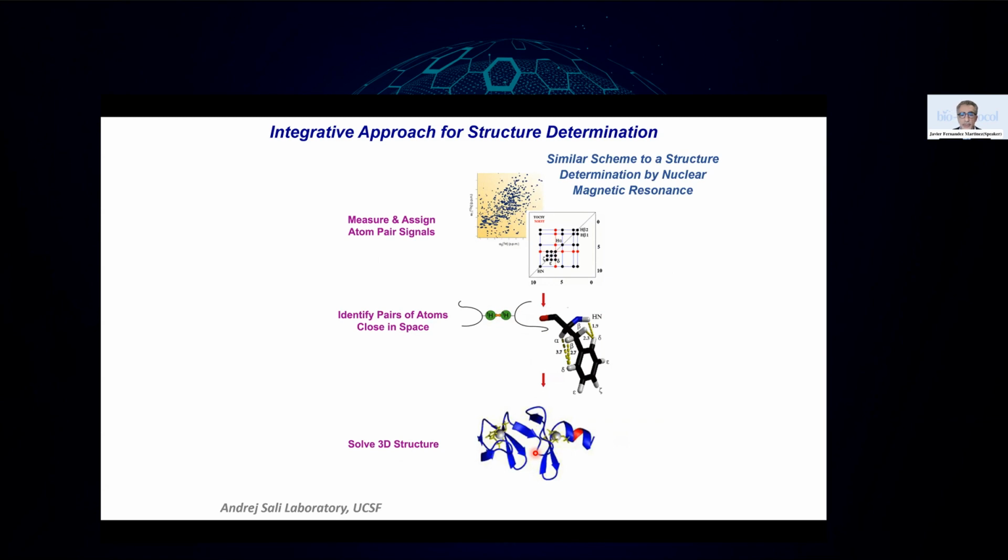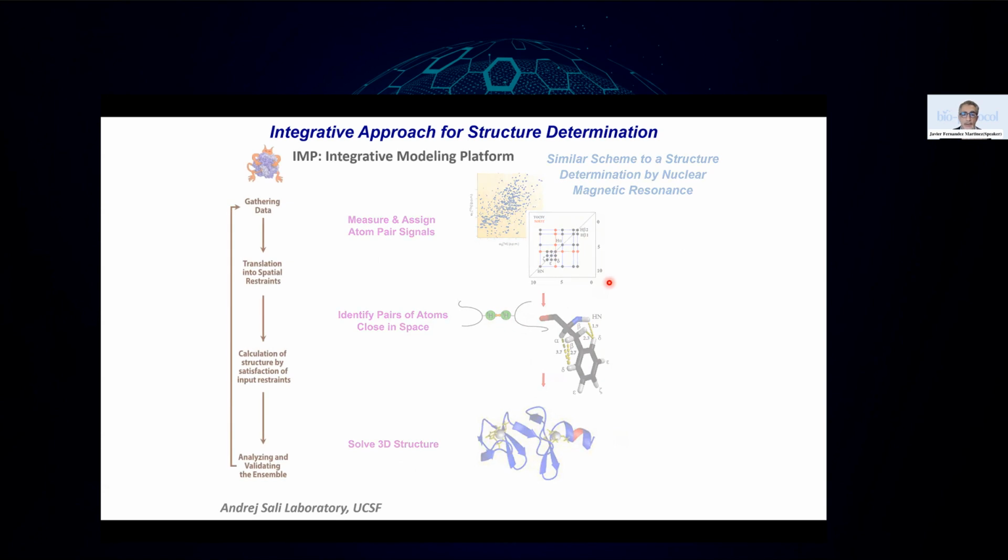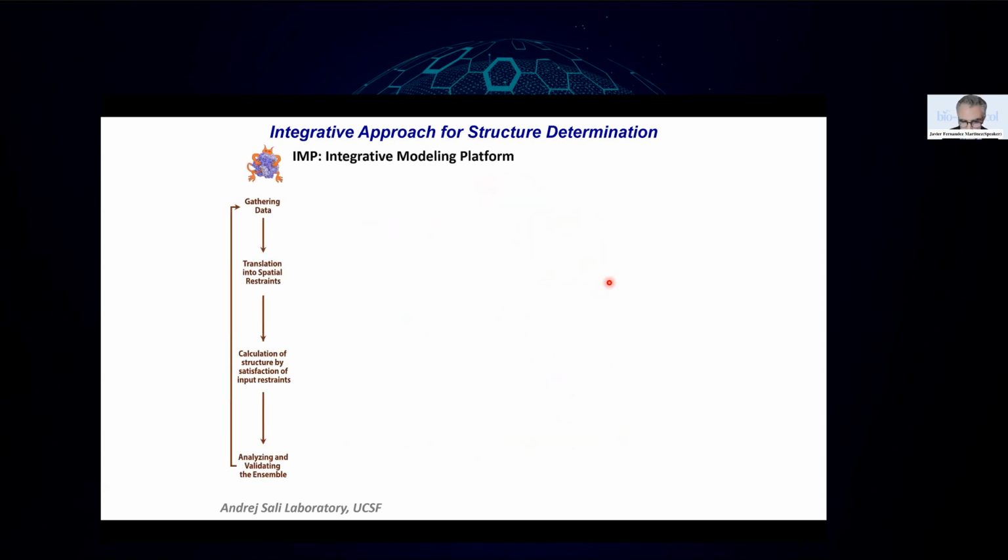In an integrative approach, we have something similar, but instead of pairs of atoms, we have proteins, we have domains, we have crystal structures, and it's a 4-step iterative method that starts with, the first step, gathering experimental data.